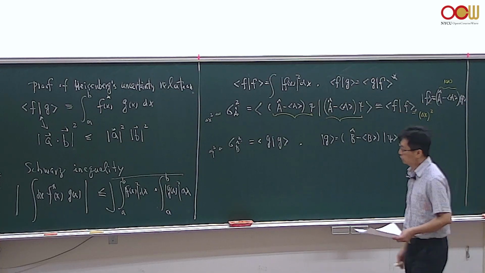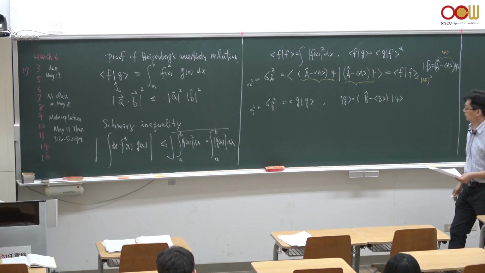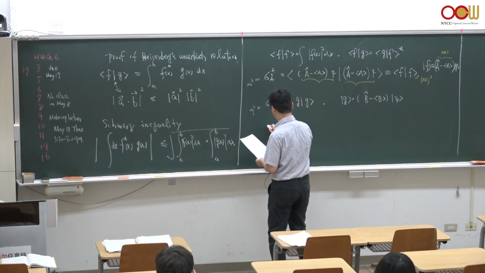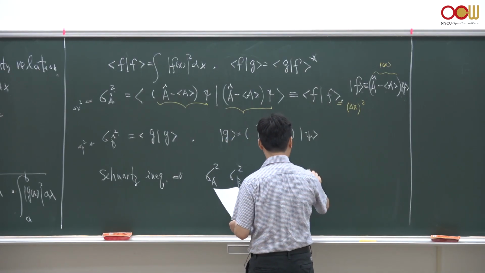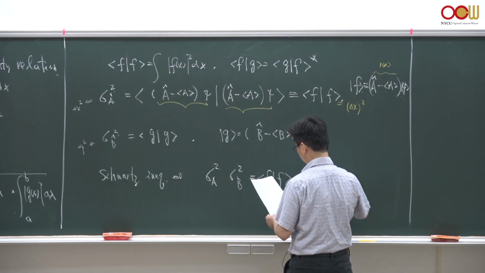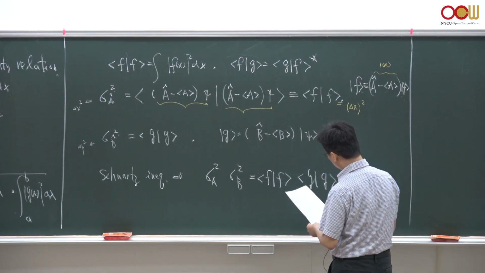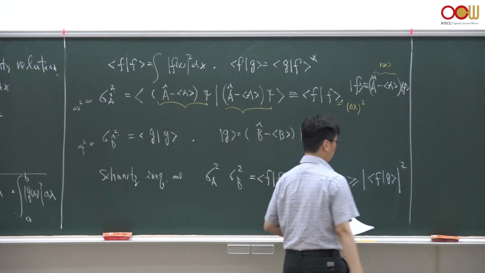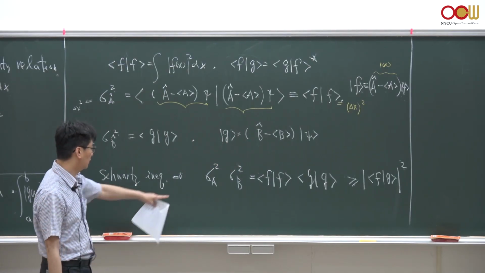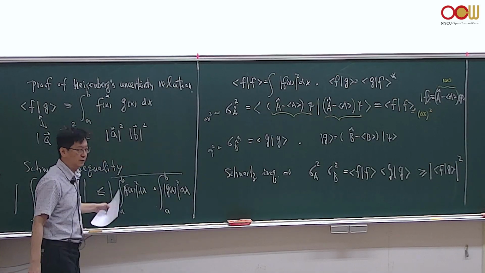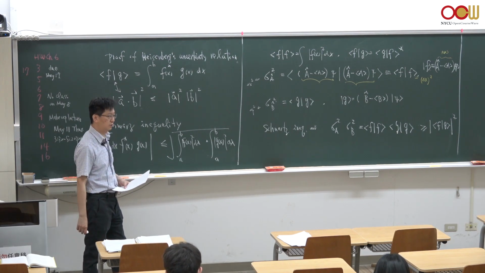So the Schwarz inequality could be re-expressed in terms of sigma A squared times sigma B squared, which is f projected onto f times g projected onto g, which is larger than or equal to the square of the projection between g and f. This is another way to rewrite the Schwarz inequality in terms of standard deviations.